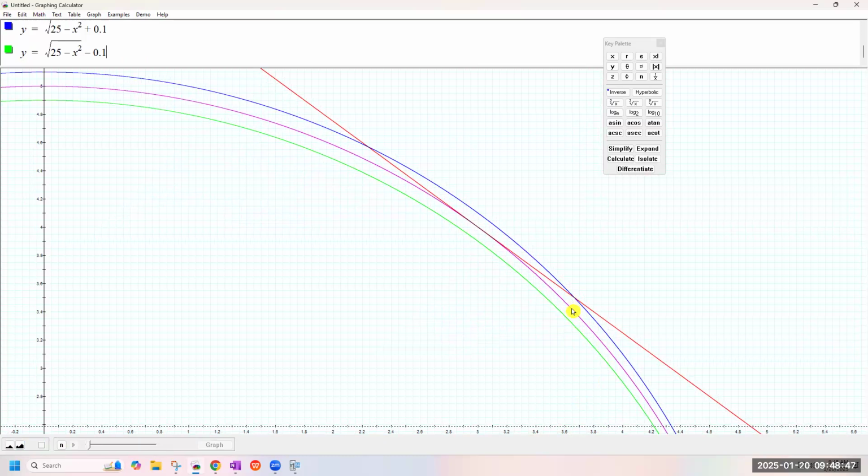The purple one is the original function.